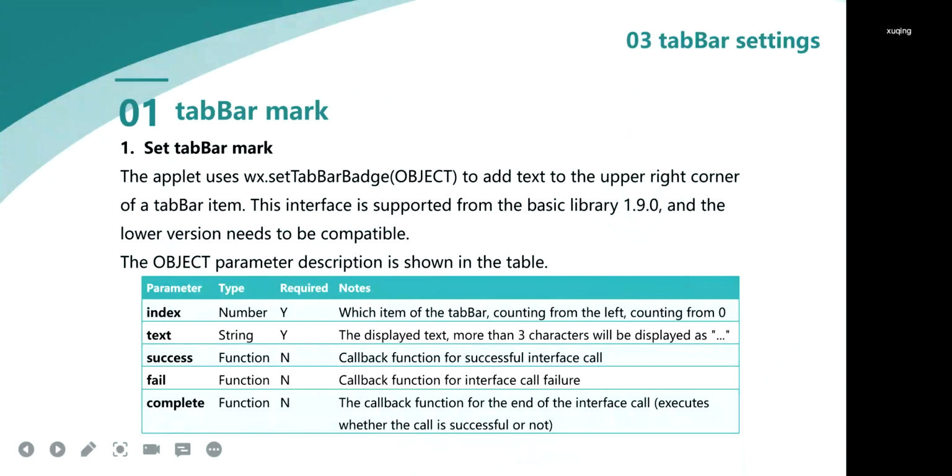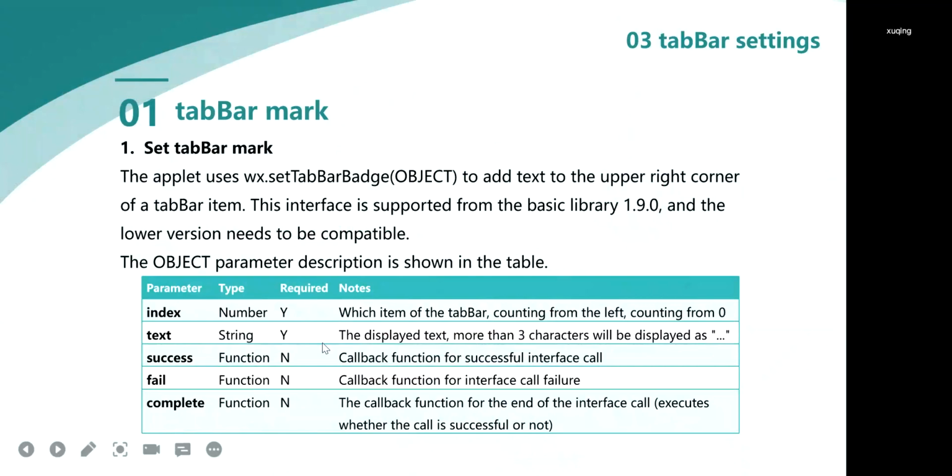Index shows which item of the Tabbar, counting from the left, counting from 0. And then the text is the displayed text. More than 3 characters will be displayed as this symbol.